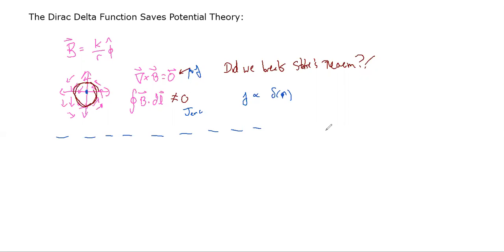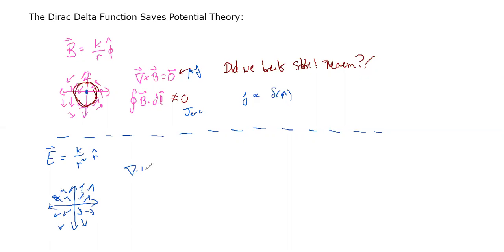Likewise, we had this other pathological example. We had an E, and E looked like k over r squared, and it pointed in the radial direction. Clearly E is a really super divergent thing, but when you calculated the divergence in spherical polar coordinates using the correct formula, this thing disappeared, because when you multiply by the r squared, everything magically disappears.